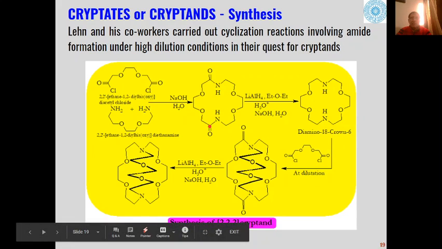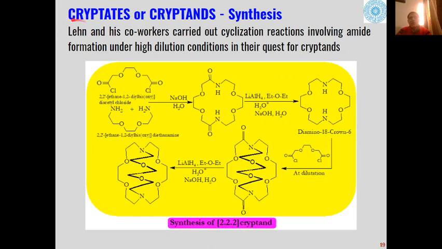They can be synthesized, and their first synthesis was reported by Nobel laureate Lehn, who cyclized these types of diamines with dicarboxylic acid derivatives in the presence of sodium hydroxide and water. First the amide crown ethers were formed, which on reduction gave diamino 18-crown-6.